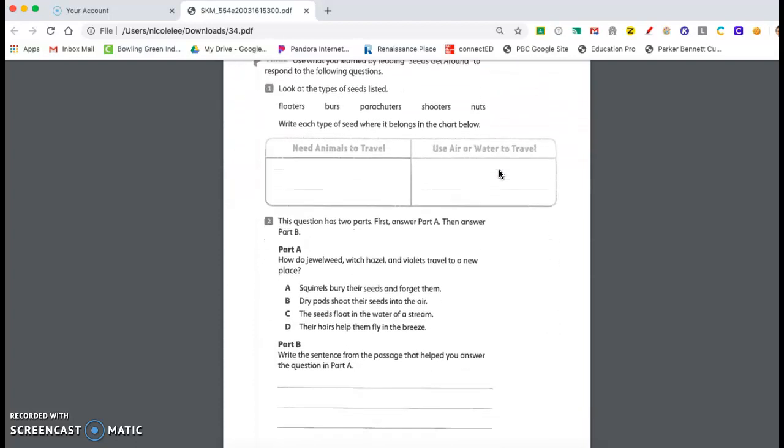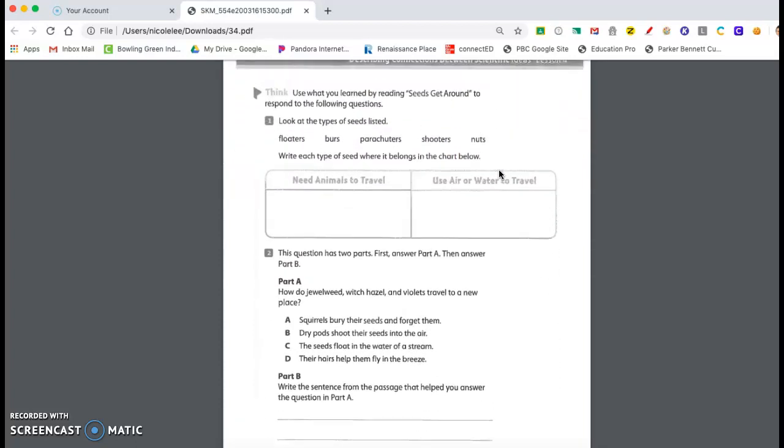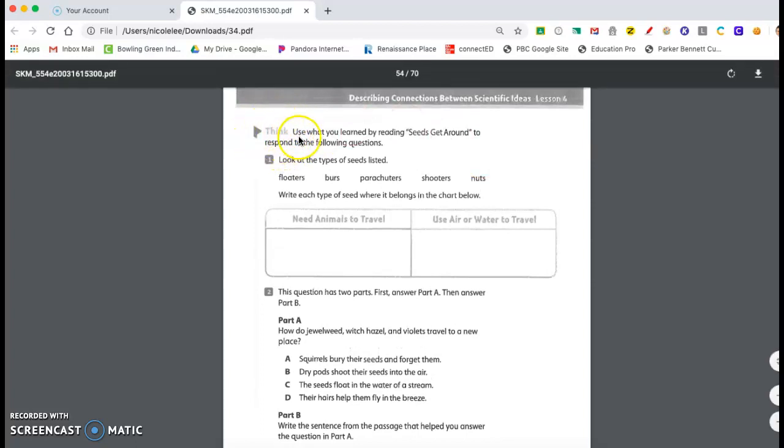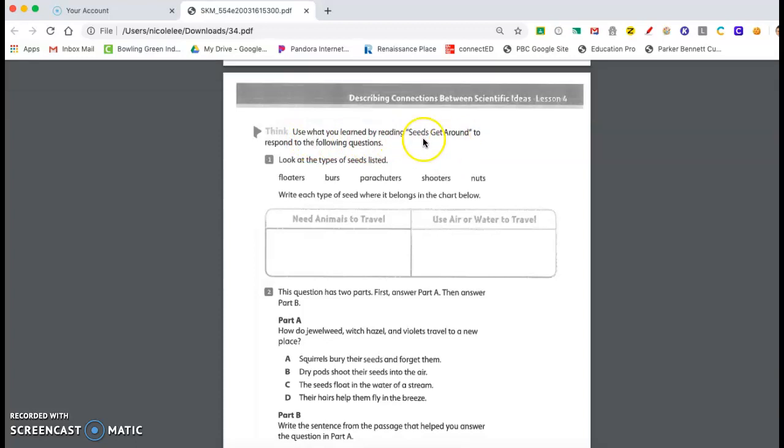And you'll get to page 63 after reading, and you're going to do the think portion, which wants you to use the article Seeds Get Around and answer the following questions, like write down each type of seed where it belongs in the chart. So seeds that need animals to travel, you will write those here.